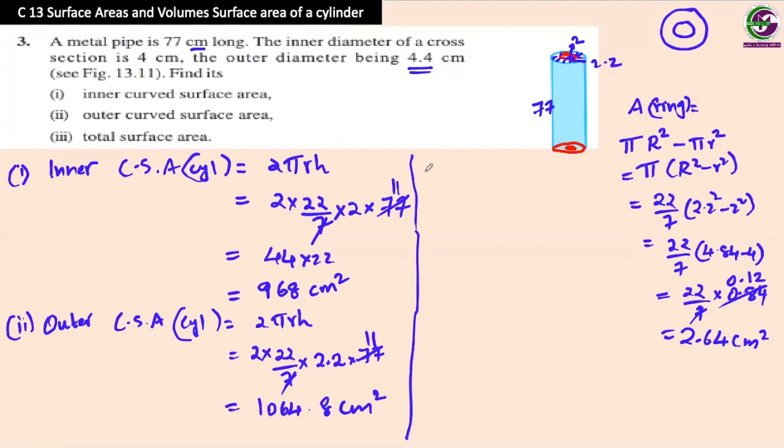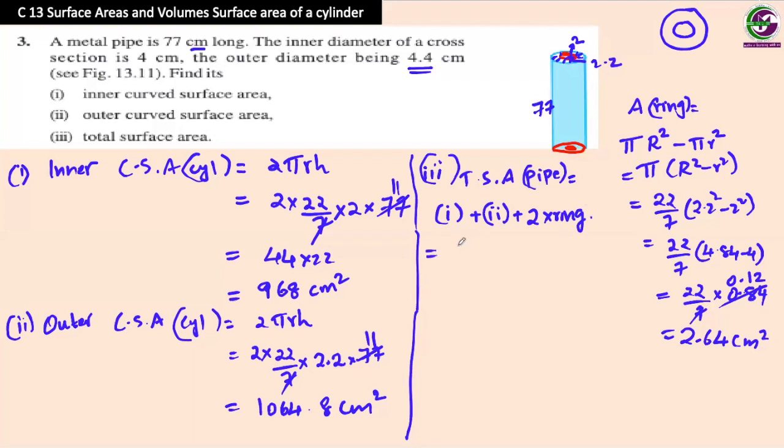So to find the total surface area of the pipe, it is equal to part 1, the inner curved surface area, plus part 2, the outer curved surface area, plus 2 times the ring, because we have a ring at the top and a ring at the base.